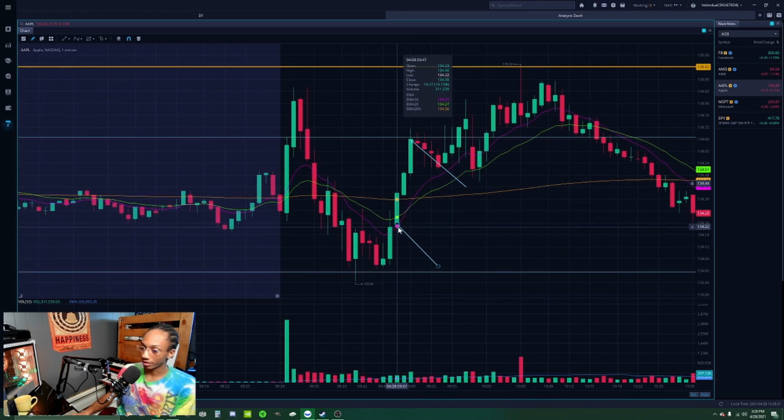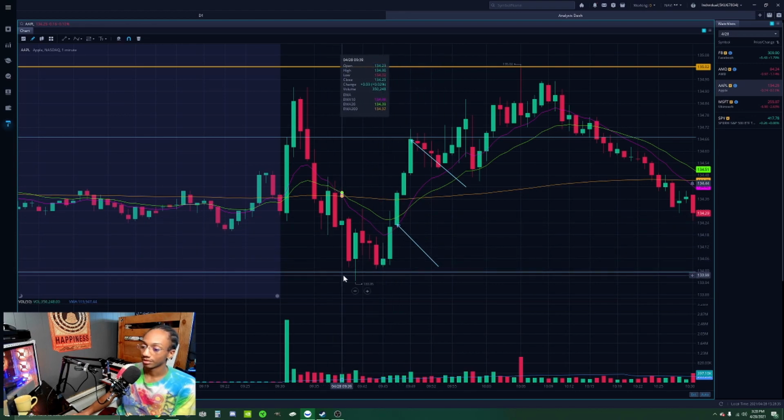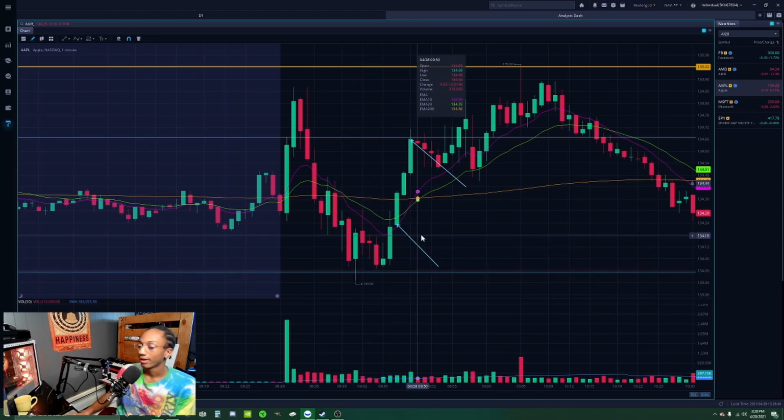So I bought it right after this large engulfing candle, after seeing that this support at 134 was holding. So once I bought it, it broke very strong out of the 200 moving average resistance.